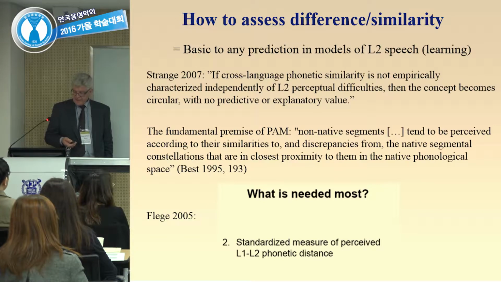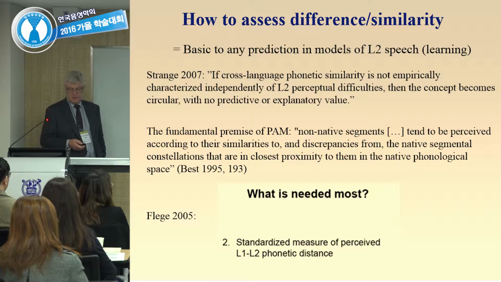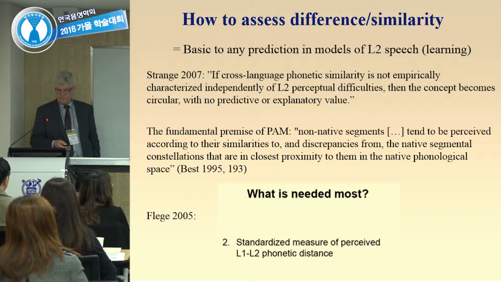So the question of how we assess difference and similarity is basic to any prediction that we wish to make about second language learning success. I have a few quotations here from Strange, for example: if cross-language phonetic similarity is not empirically characterized independently of second language perceptual difficulties, then the concept becomes circular, with no predictive power or explanatory value.